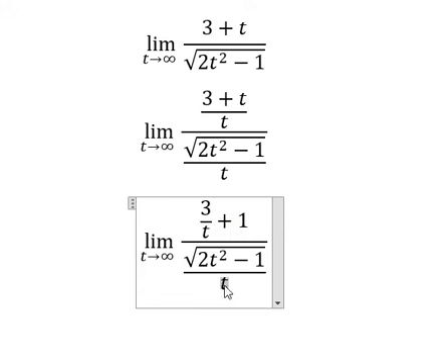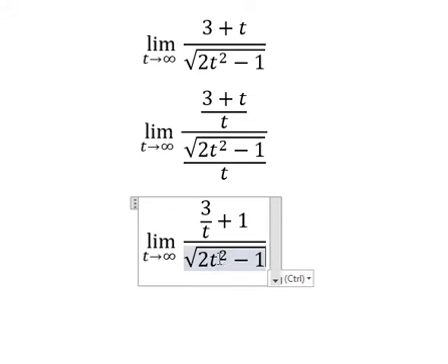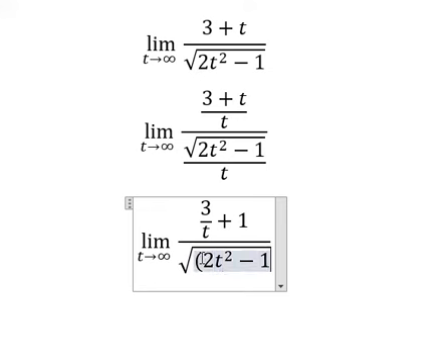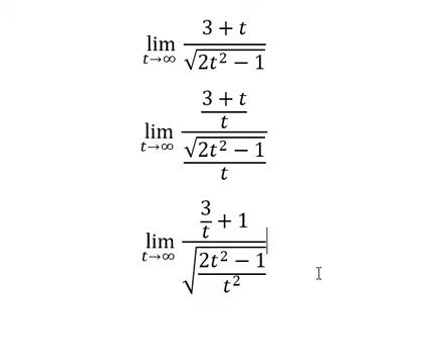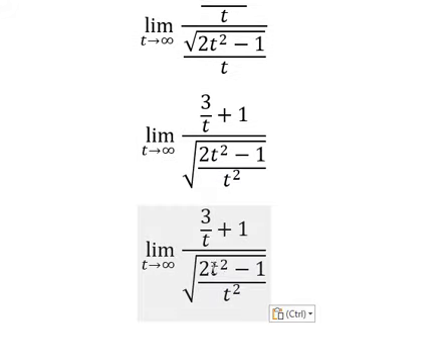About this one, this one can go inside the square root. So they should be like this. So 2t square divided by t square, number 1 divided by t square.